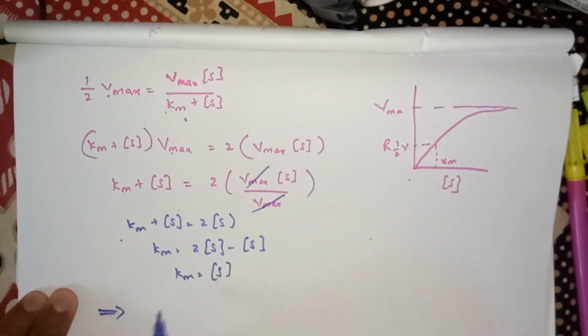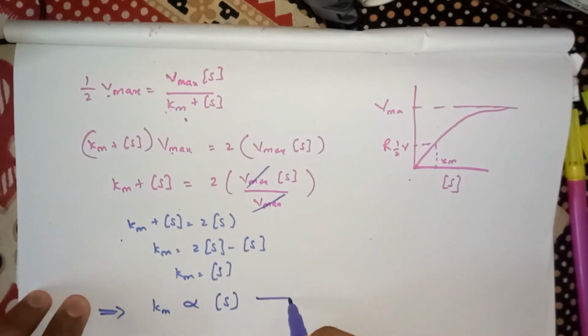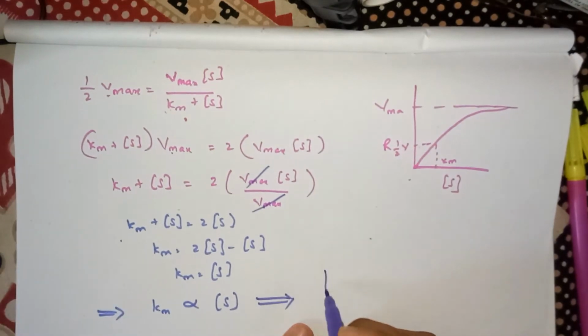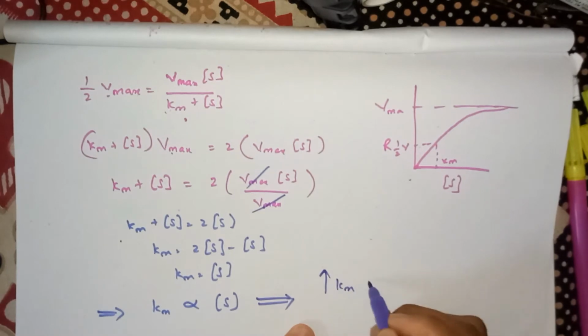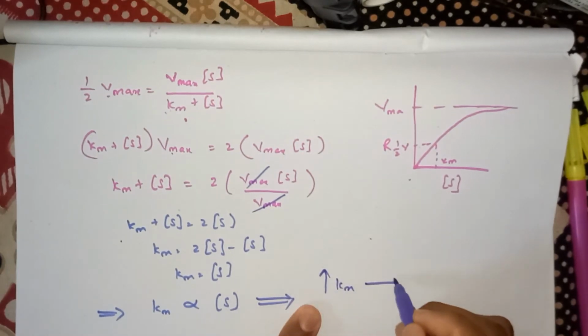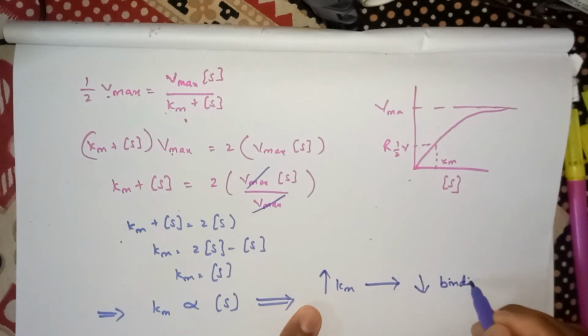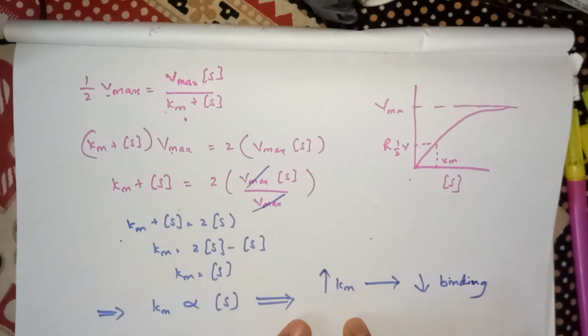This means Michaelis-Menten's constant is proportional to concentration, which also means increased Km, or high Km value, means low binding. Why is it low binding?